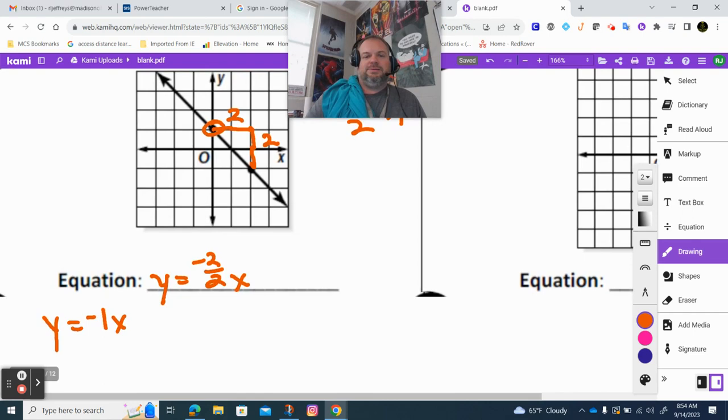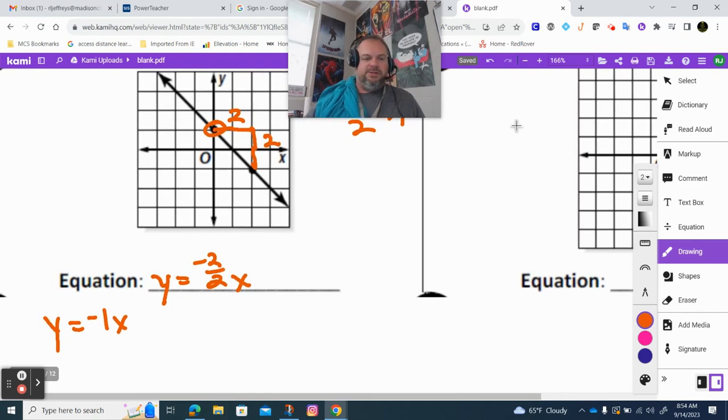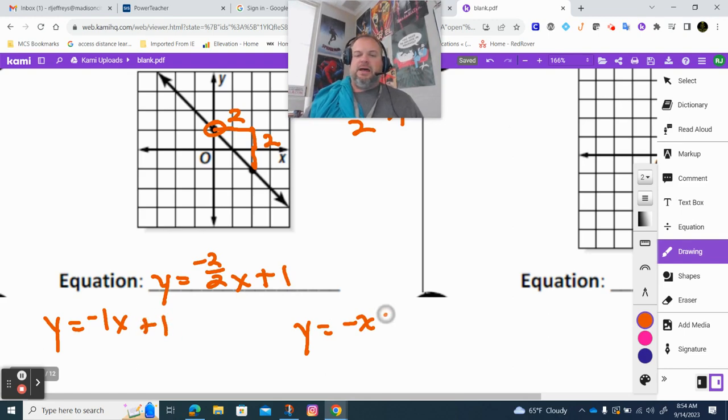Okay, so again, different options. Okay, and it looks like our y-intercept is at 1. Okay, again, 3 different ways you could write this. I'm going to count them all. You just pick which one you like.